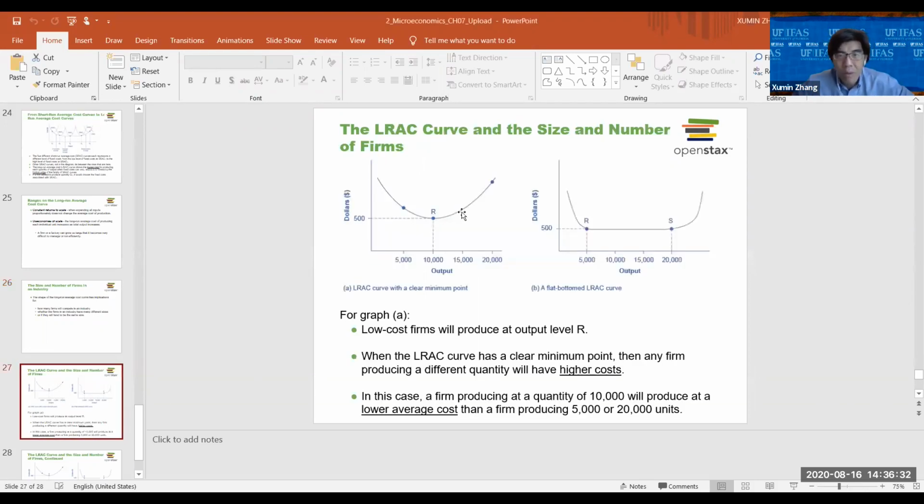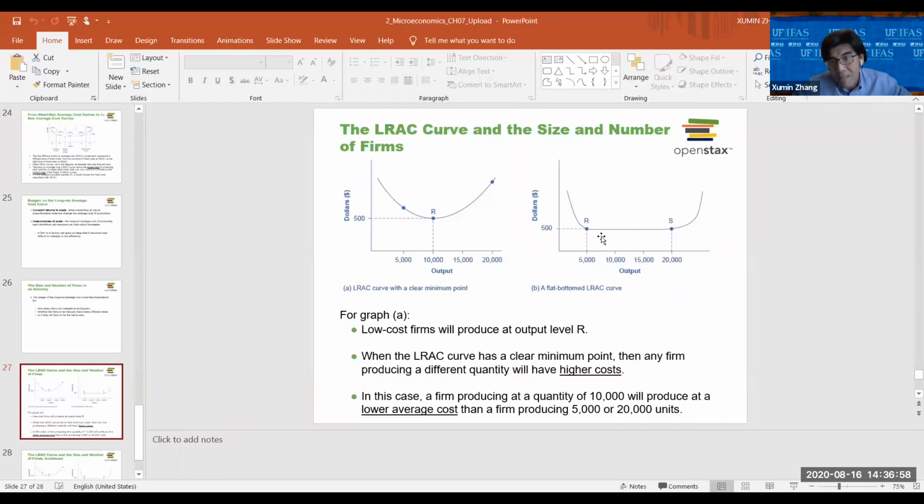Let me tell you, it's about this shape. Whether this long run average cost curve is a very typical U shape, or more like an enlarged U shape, right? In the first case, that means every company should be the same, right? Because they have only one point, okay? So at this output level of 10,000, every company should be the same.